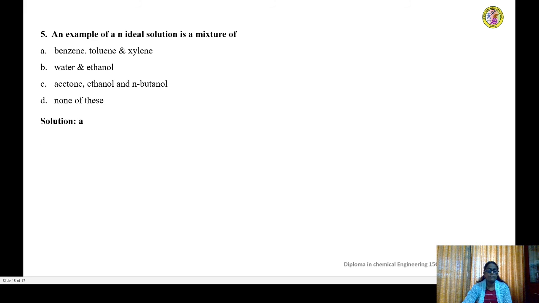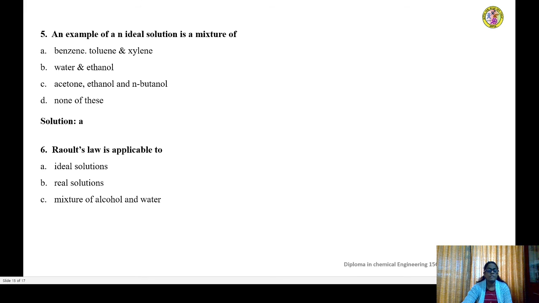It is the solution of benzene, toluene and xylene, which actually acts as an ideal solution. Next, Raoult's law is applicable to ideal solutions, real solutions, a mixture of ethanol and water, or non-ideal gases. The right option for this question is option A. Raoult's law is always applicable only to ideal solutions.